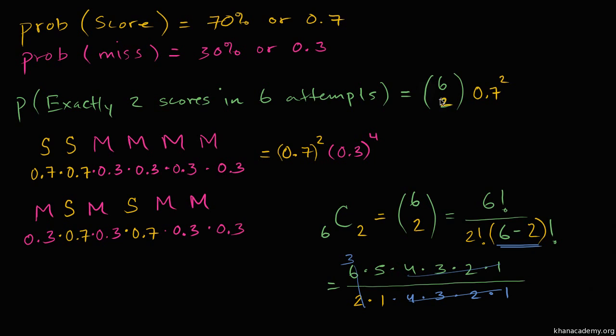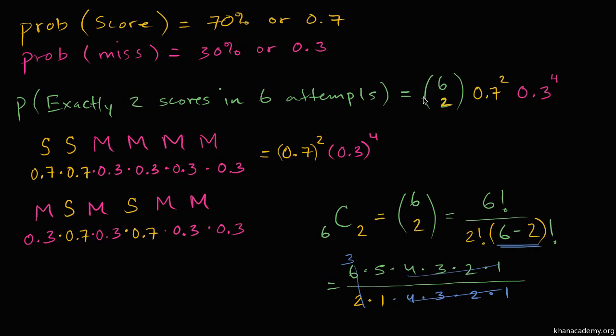This is 2, you're going to make 2, and then it's 0.3 to the 4th power. Notice these will necessarily add up to 6. So if this right over here was a 3, then this would be a 3, and then this would be 6 minus 3, or 3 right over here.